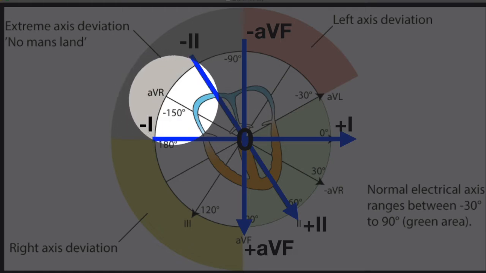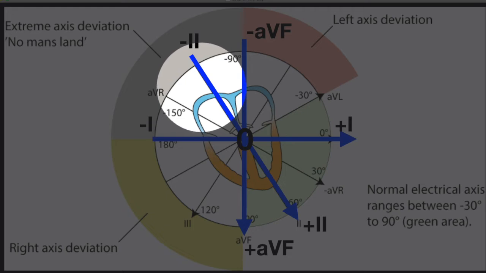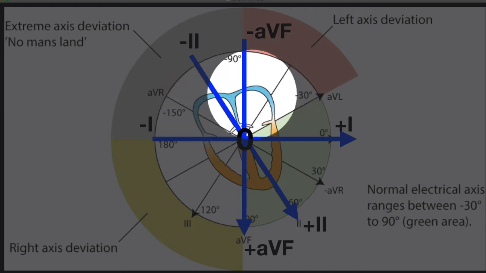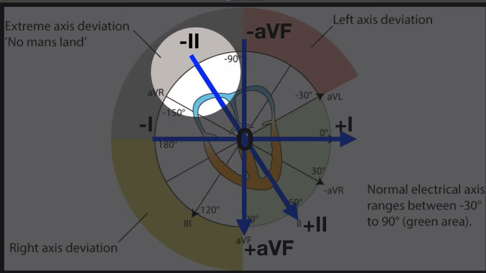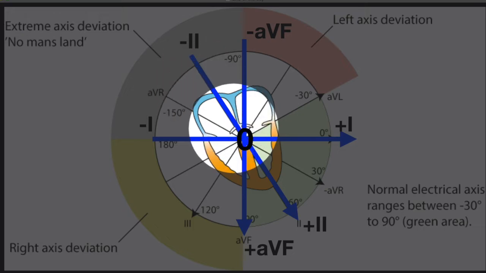So already just looking at lead 1 and lead AVF, since the QRS is mostly negative in both of those, we know that it has to sit up in this weird area where you don't really see a cardiac electrical axis, generally speaking. We notice we're also negative in 2.